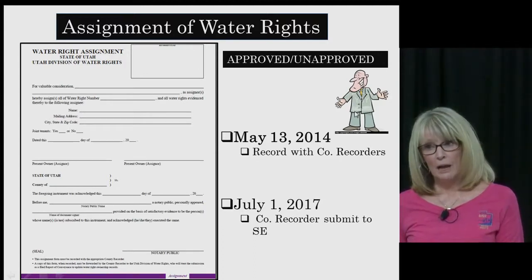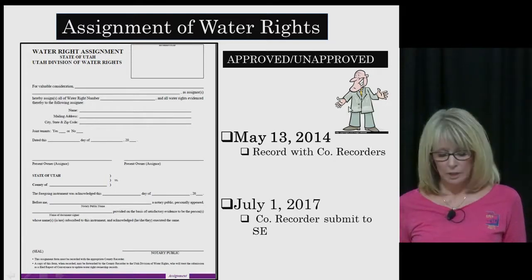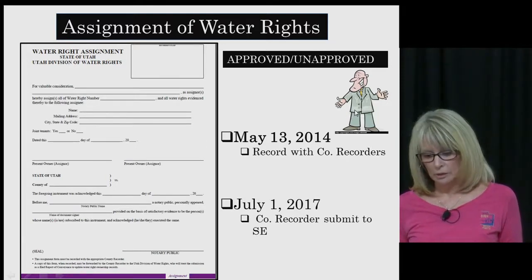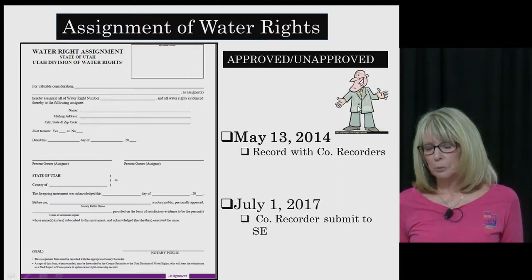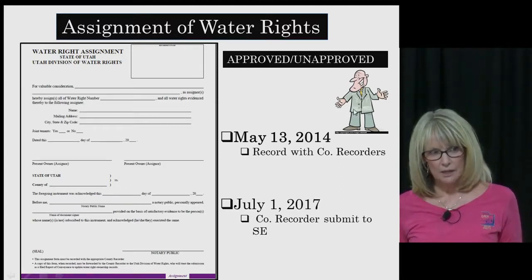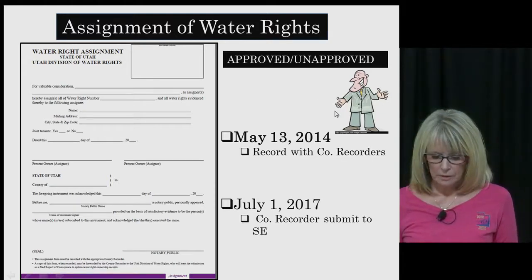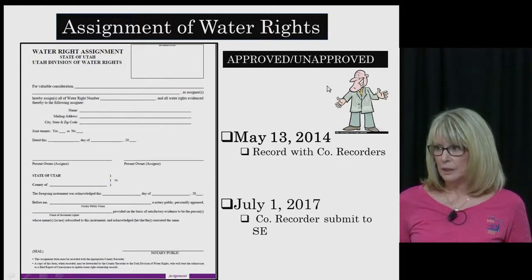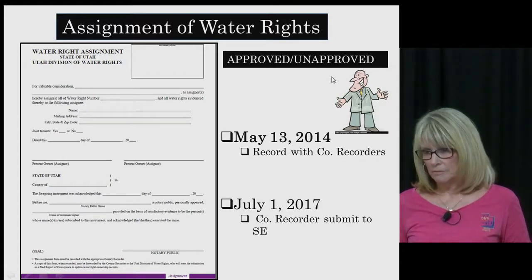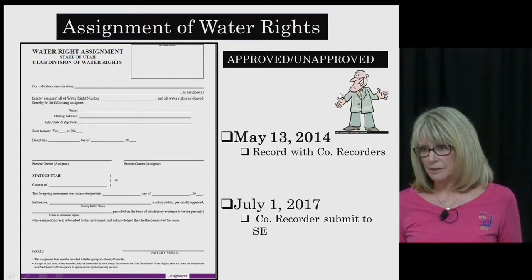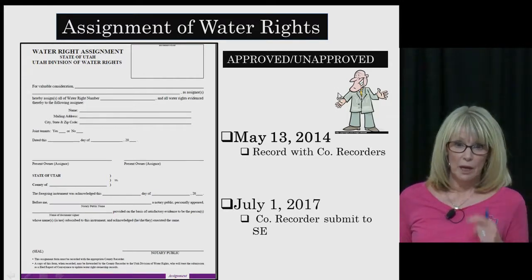An assignment, however, can transfer ownership on an approved application to appropriate water. And this can include approved exchanges that have not yet been perfected, or unapproved applications that have yet to be approved by the state engineer. Now, our assignment forms are provided by the state engineer, and they are available on our website.